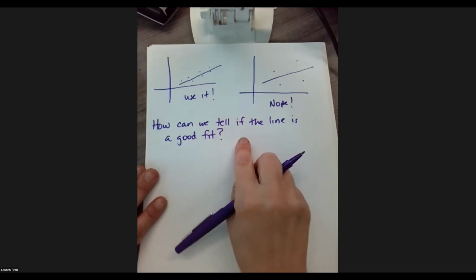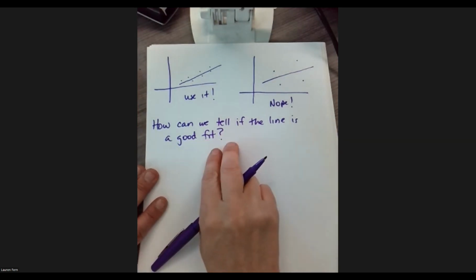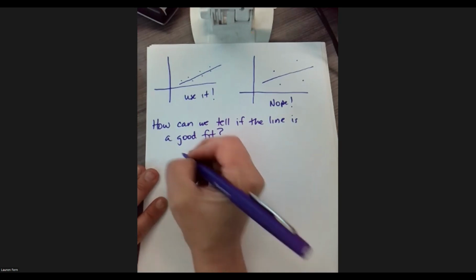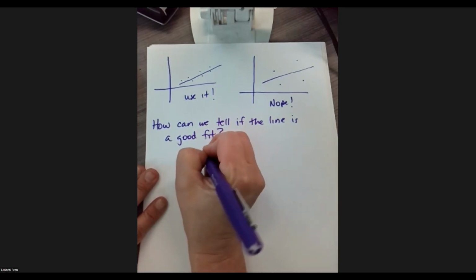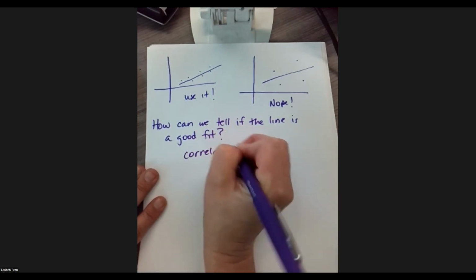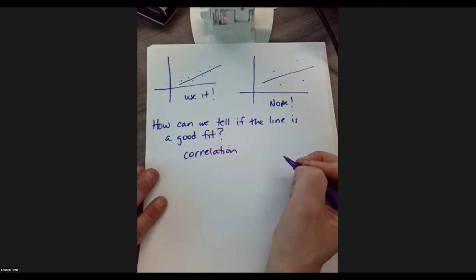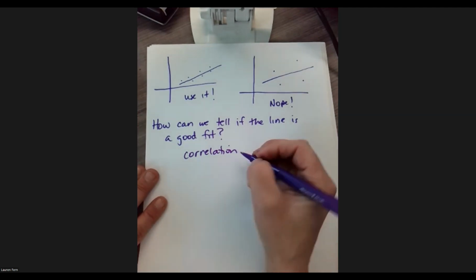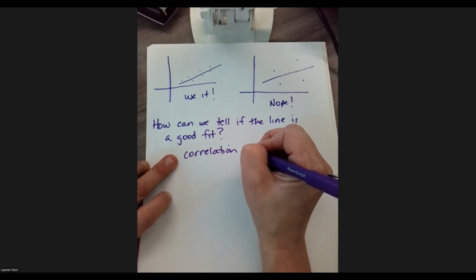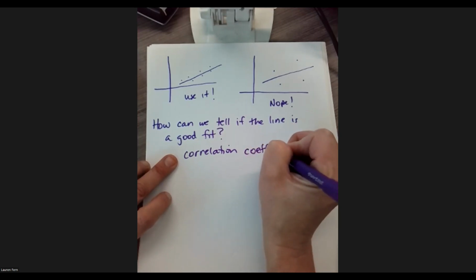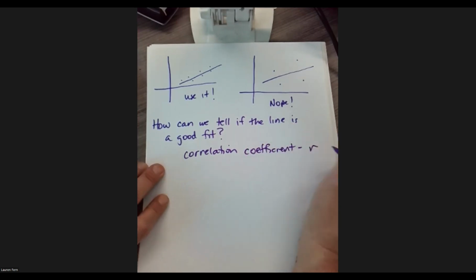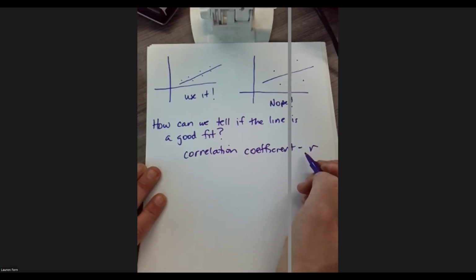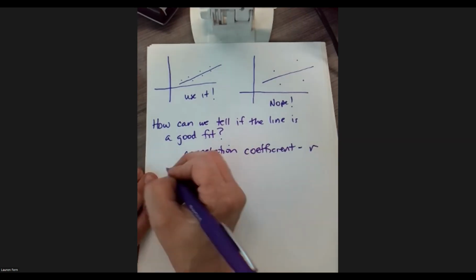Again, you're going to go a lot more deeply into this in a stats course. But the way we can tell, and fortunately, when your calculator computes the least squares line, it also gives you this information. It's called the correlation coefficient, and that's symbolized by an R.